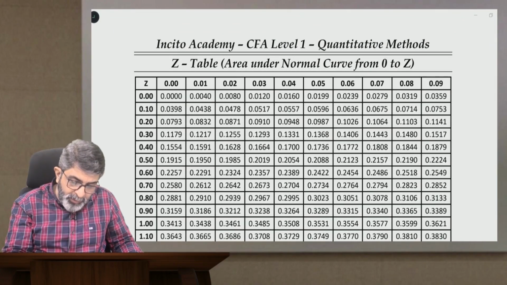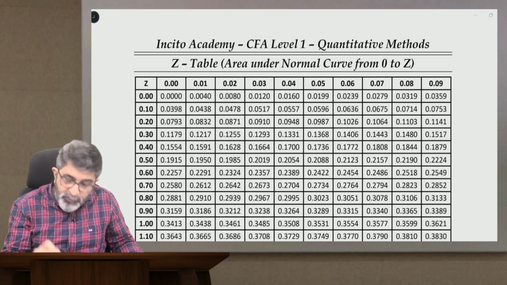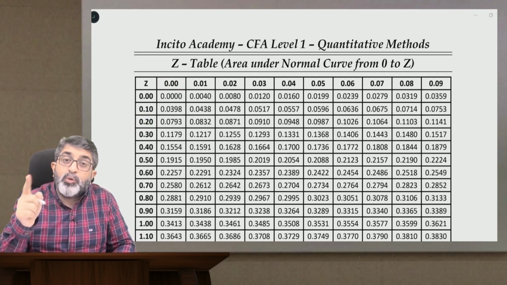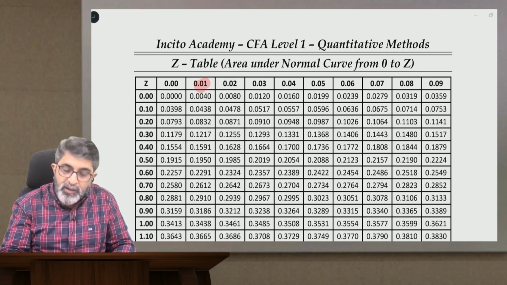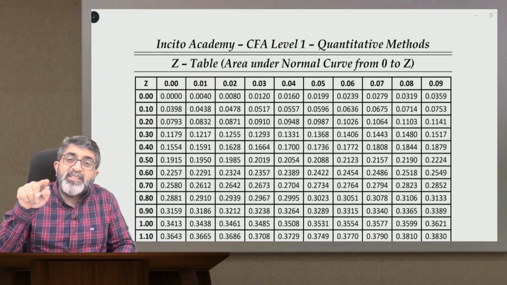So in the column heading of Z values in the Z table, you identify, because you want 0.25. So you come to this 0.2, and if you refer to this, it is 0.00. So 0.20 and 0.00, that combination will give you 0.20. 0.20 and 0.01 means basically 0.01 added to 0.20 will make it 0.21.